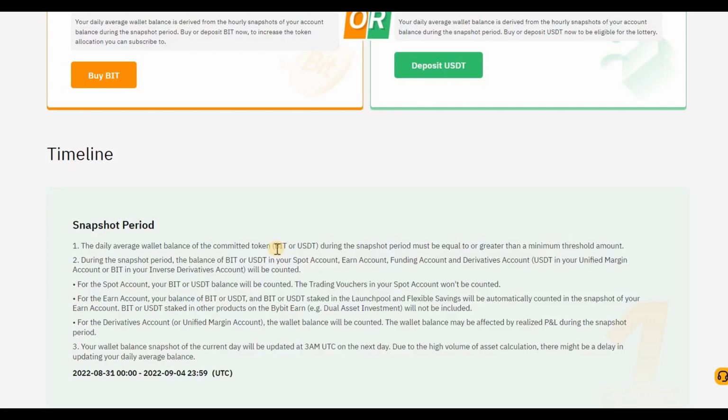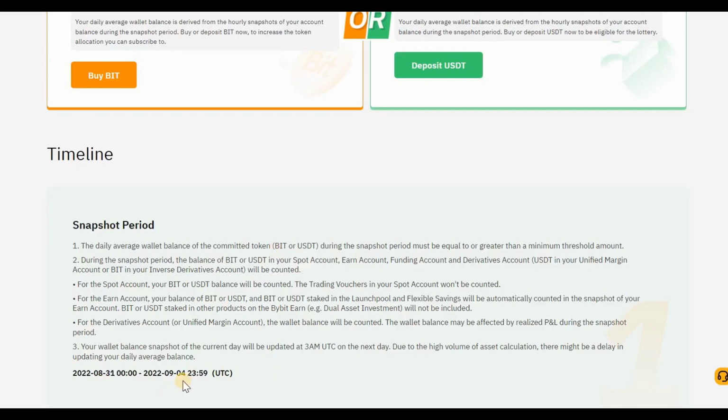And the reason why there is a snapshot is because Bybit needs to calculate the amount of BIT token or USDT that you can commit into this event. So the more BIT token you have presently in your wallet, the more your limit size increases. That means you can stake more tokens and get a larger number of newly listed coins. This period is from the 31st of August all the way to the 4th of September.